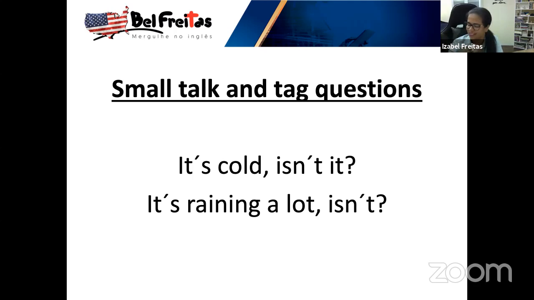It's cold, isn't it? It's raining a lot, isn't it? So you talk about the weather. The weather is a very good topic for small talk, and it's what we call a safe topic, okay?